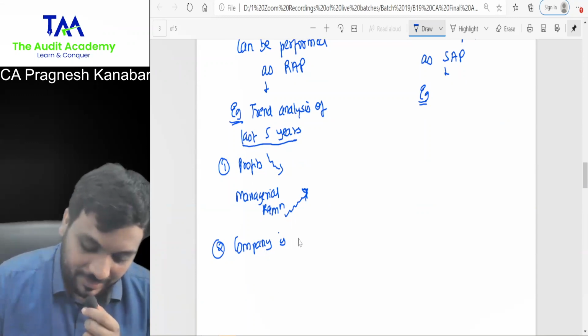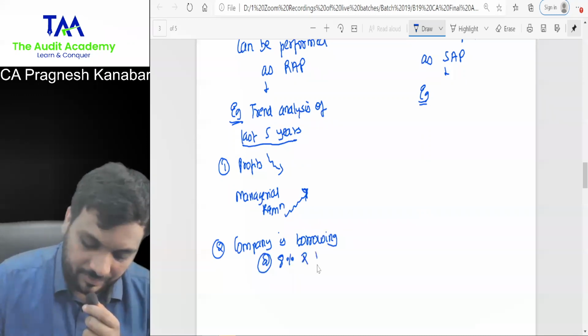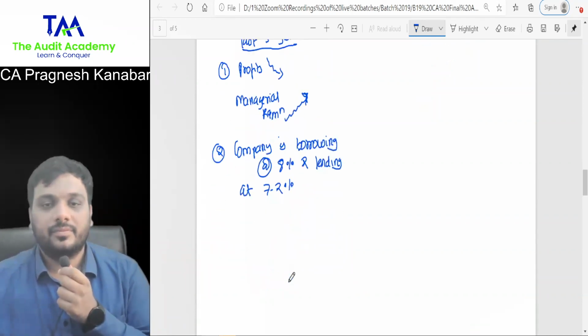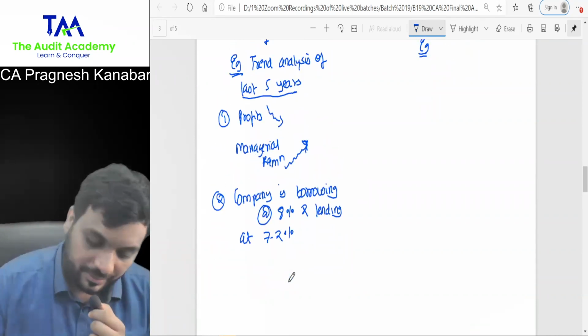So the company is borrowing at 8% and lending at 7.2%. What is this? All right.